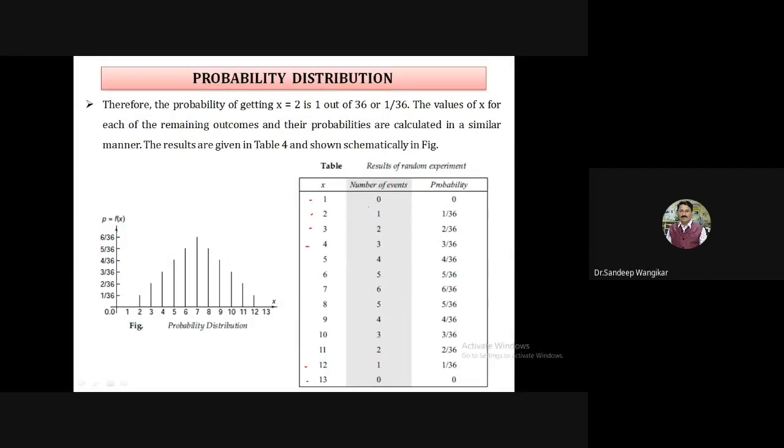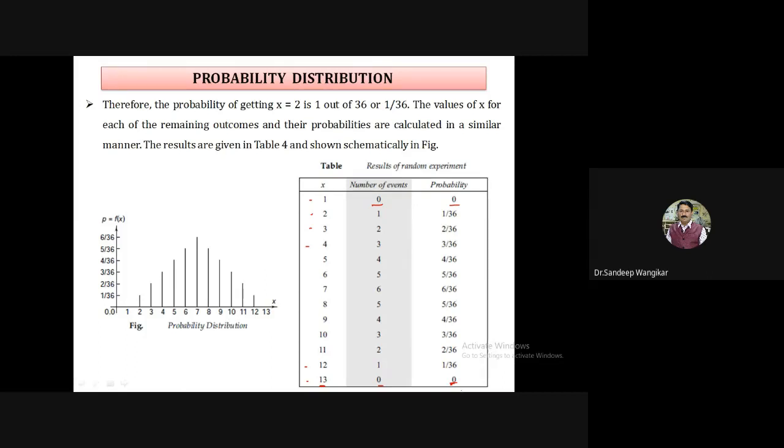So for this combination, the number of events is 0 and probability is also 0. And since 6 plus 6 is 12, the maximum number is 12, so 13 will also not appear. Therefore the probability of 13 is 0, the number of events is 0 and probability is 0. Therefore, in the table shown, the values will be from 2 to 12.